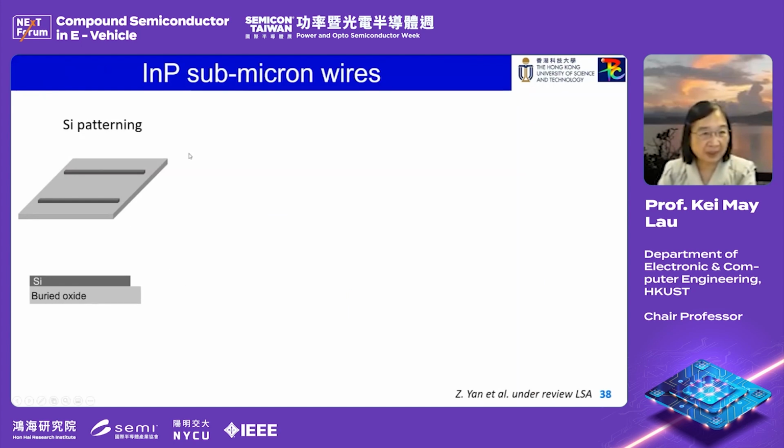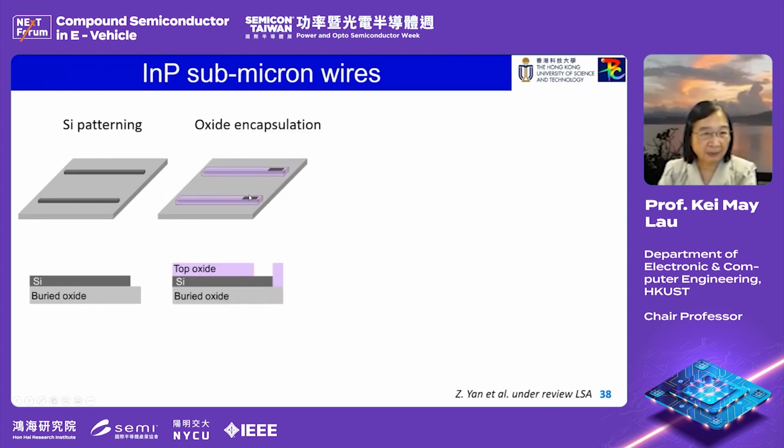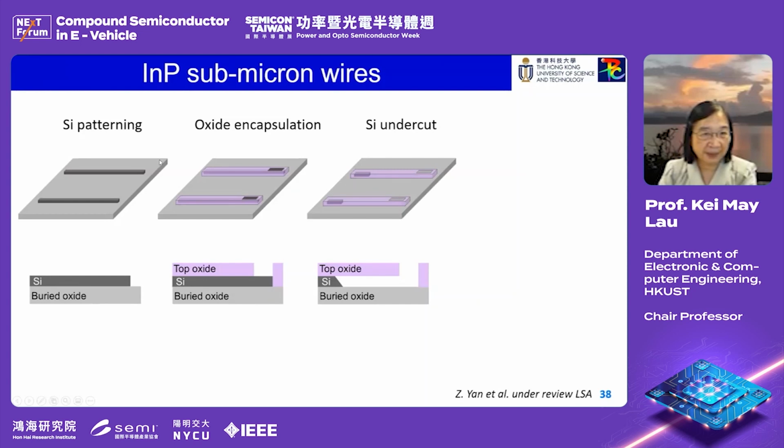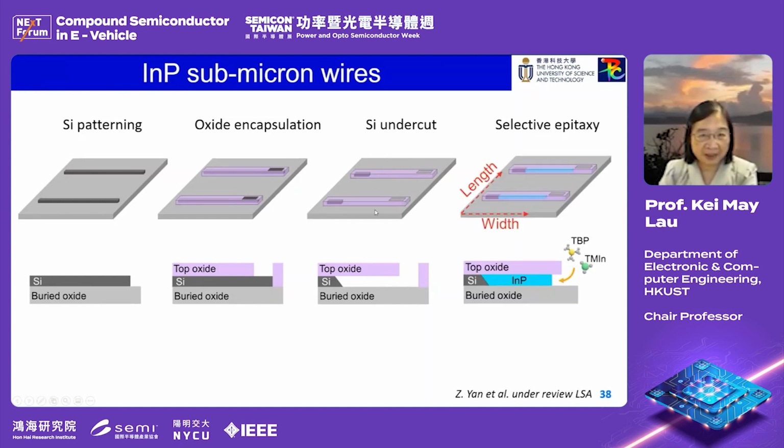This is the cartoon of how we create the pattern: silicon patterning, then oxide encapsulation, then the undercut, then selective epi to fill the gap with lateral ART, and then we can remove the oxide and have a silicon template.